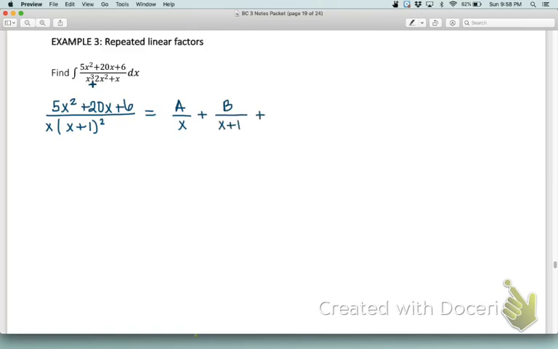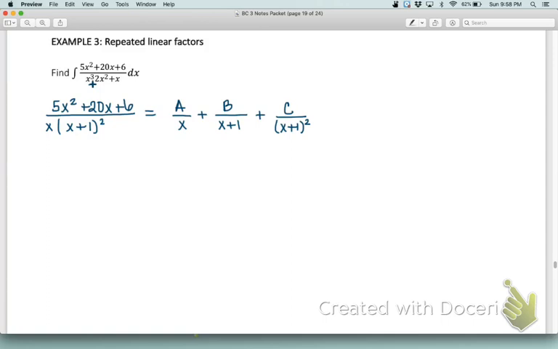Then there's the third case, that I had my factor of x plus 1 squared. Like I mentioned before, if that was x plus 1 to the 5th, we would need a factor for x plus 1 squared, x plus 1 cubed, x plus 1 to the 4th, and so on, up to x plus 1 to the 5th. We'd have to have an A, B, C, D, E, F, all the way up.